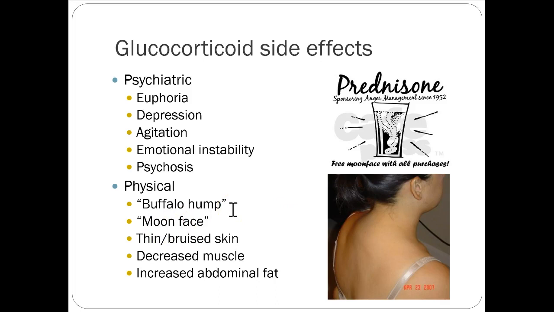Thin and bruised skin is really common on steroids. So if you have somebody who's on an anticoagulant, that can be pretty bad because they can be bleeding a lot. Decreased muscle mass and increased abdominal fat are also common long-term side effects with glucocorticoids.